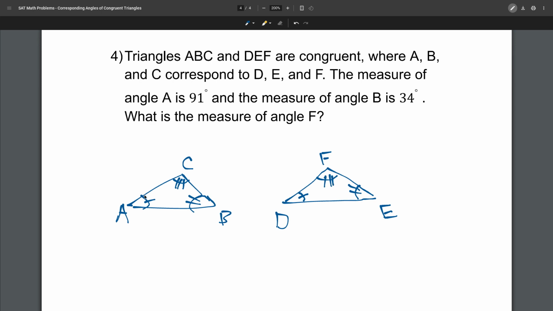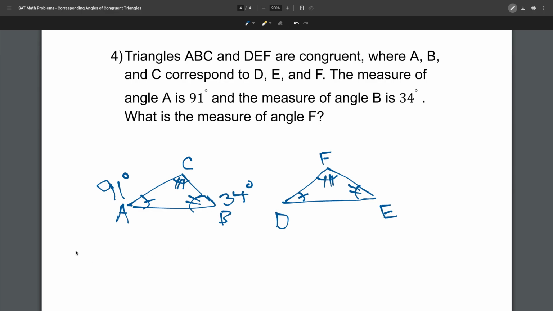The measure of angle A is 91 degrees. And the measure of angle B is 34 degrees. What is the measure of angle F? Okay, so F and C are congruent, they're the same.